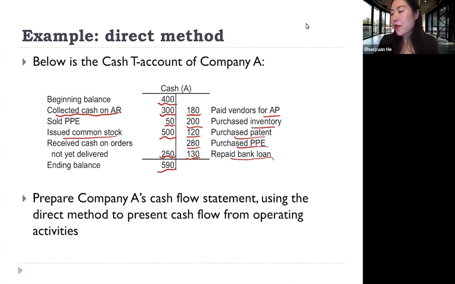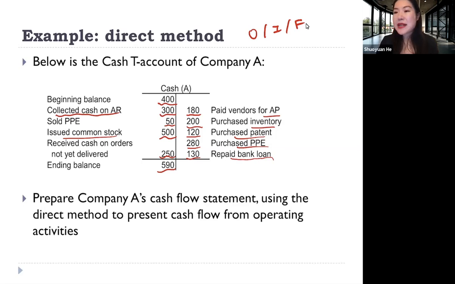So under the direct method, what we need to do is we look at each of those transactions and then we categorize those transactions into either operating, investing, or financing related transaction.